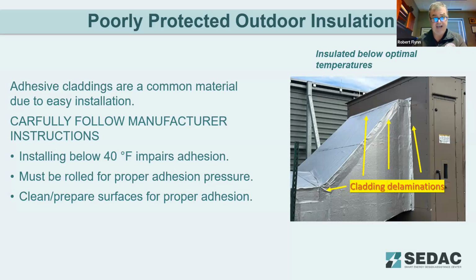This is an adhesive cladding, and these are common materials used due to their ease of installation. Carefully following the manufacturer's instructions as stated, it should be installed above 40 degrees and must be rolled out for proper adhesive pressure, on clean, prepared surfaces for proper adhesion.